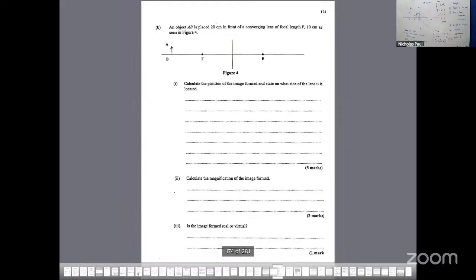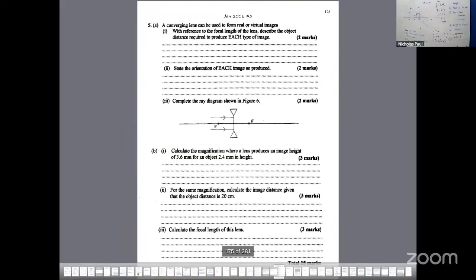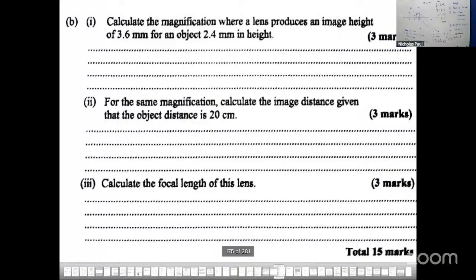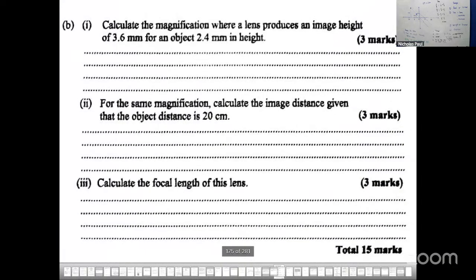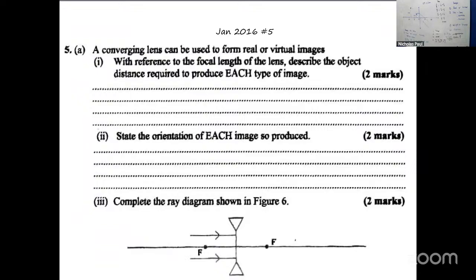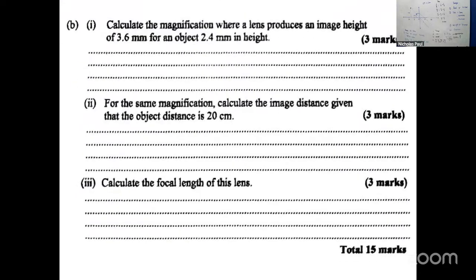Do I make it draw this? No, I agree for the. Let's start here. What year is this? This is Jan 2016.